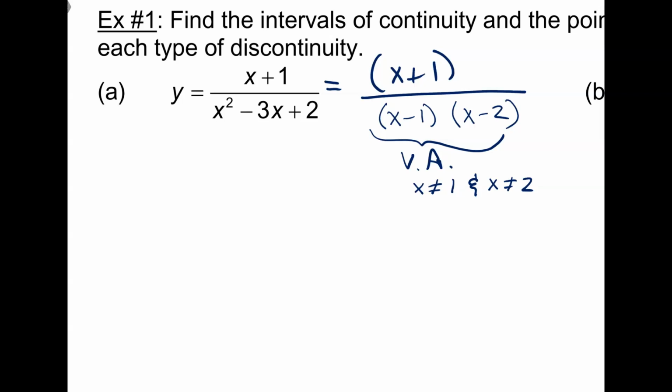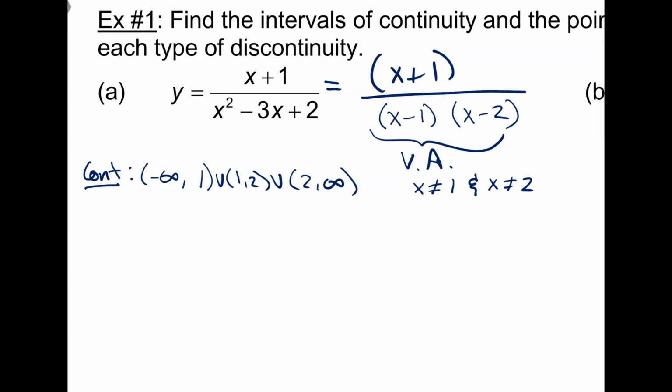So I can figure out my intervals of where it's continuous. It's everywhere except where I have vertical asymptotes, because that's where it's discontinuous. So it's continuous from negative infinity to 1, union 1 to 2, union 2 to infinity. This is where it's going to be continuous.